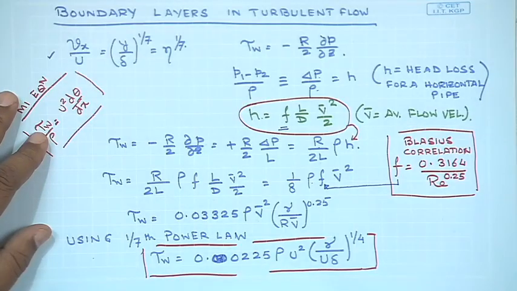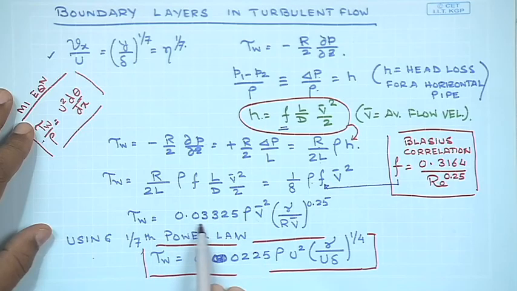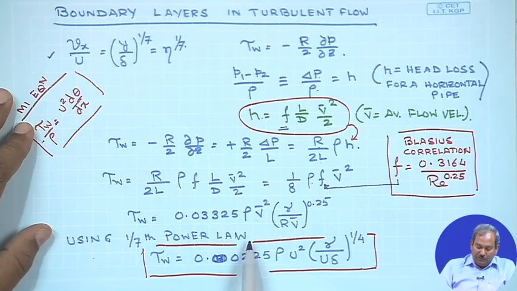But keep in mind that this is one source of error, that one approximation that we are making in using the 1/7 power law in the expression of tau W. So tau W is equal to this expression once you plug in the expression for f, and if you use the power law profile, you get the final expression of tau W as this, where capital U is the centerline velocity, nu is the kinematic viscosity, and delta is the thickness of the boundary layer.